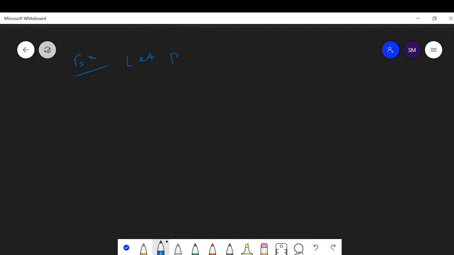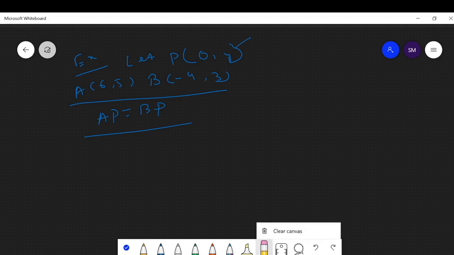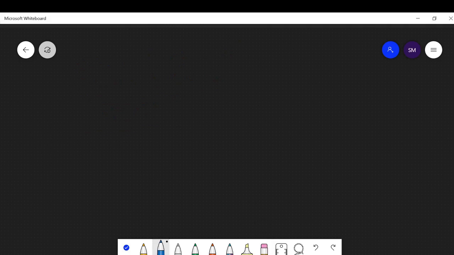Let the point P have coordinates 0 and y, A is the point with coordinates 6 and 5, and B is the point with coordinates minus 4 and 3. In the same way, AP is equal to BP. By applying the distance formula, you can find the value of y. Then next question. Please students, practice a variety of questions.